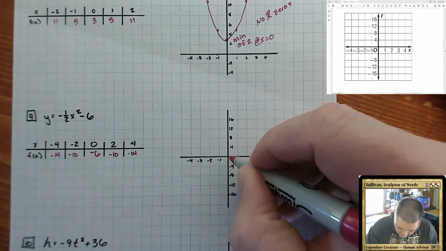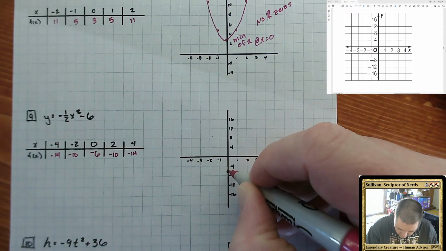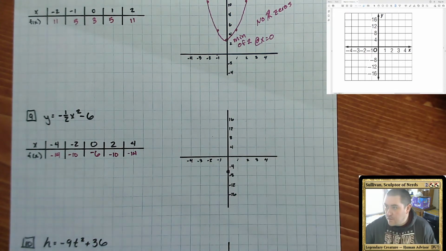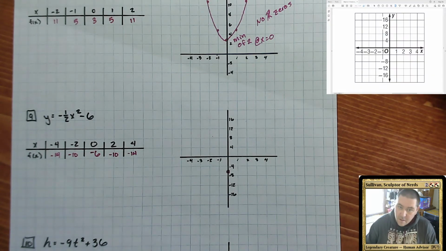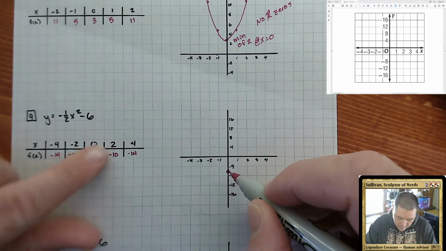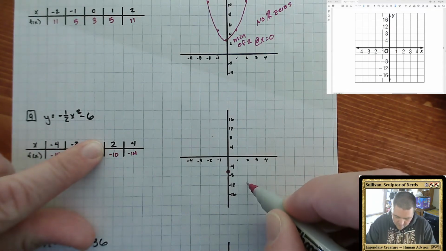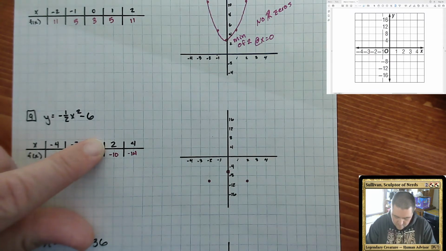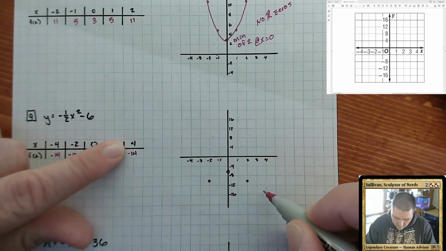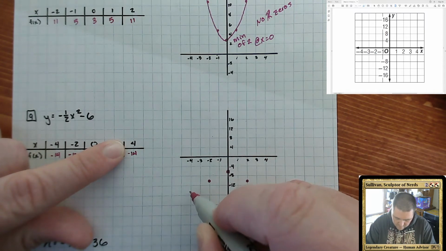So we're going to have 0, -6, and they're going by 4s on this one. So again, careful with your scale. That's the biggest problem here. At 2, -10, so again, halfway through the box, at plus or minus 2. 4, -14, again, halfway through the box.